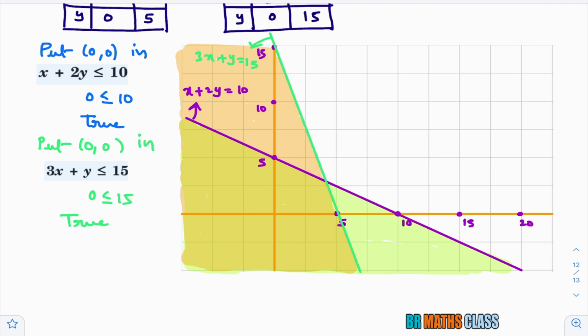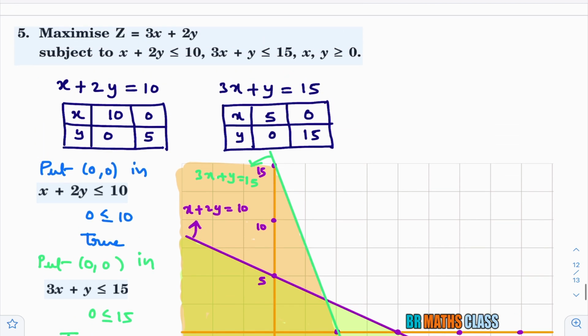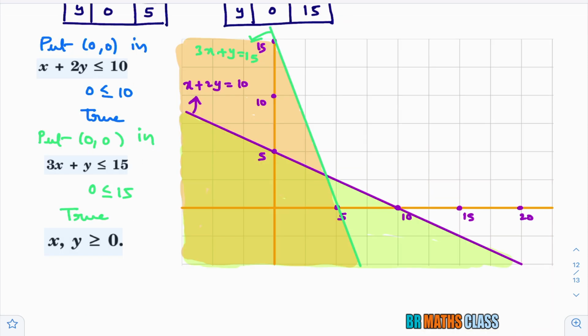If you observe the question, in these inequalities, non-negative constraints are also there. What do non-negative constraints mean? It means x greater than or equal to 0, y greater than or equal to 0, both are possible in the first quadrant only. So whatever common region we got, we'll take that in the first quadrant only. If you observe, where is the common region in the first quadrant? Because we need to consider this inequality also.